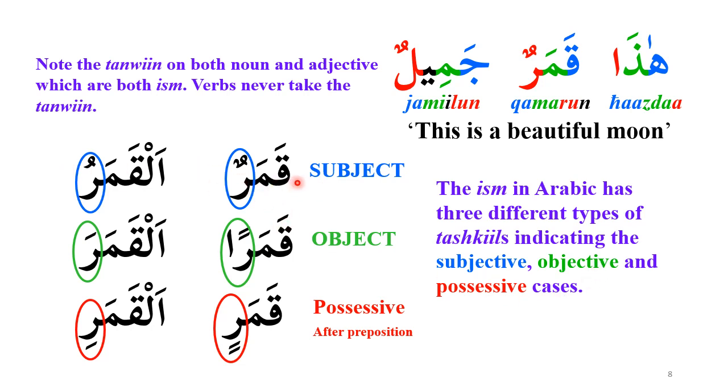So qamarun or al qamaru would be used when this word is a subject, and when it's used as an object, it will be qamaran or al qamara. And qamarin or al qamari would mean it's after a preposition, or in the case of a possessive.